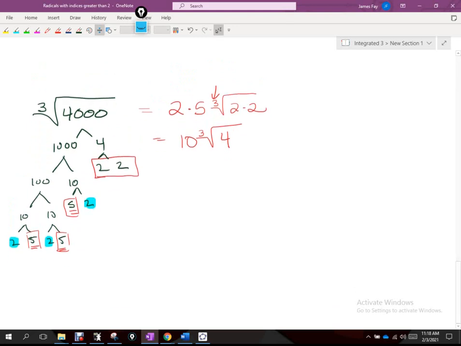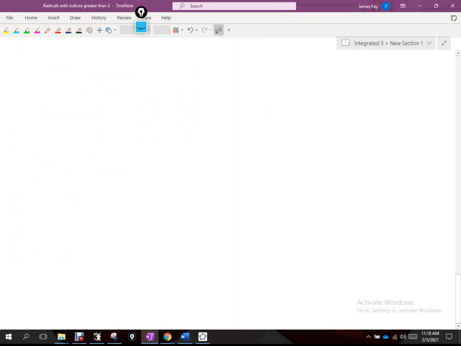Let me do one with algebra in it, and then we'll do a fraction one. So let's go cube root of 56 x to the 6th y to the 4th.